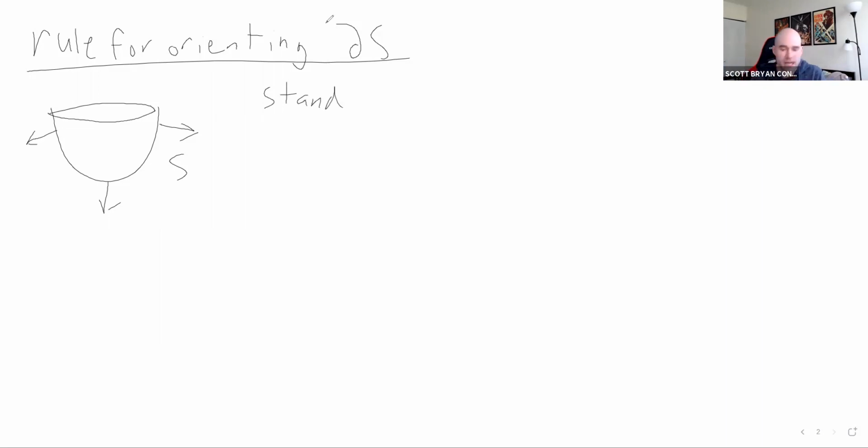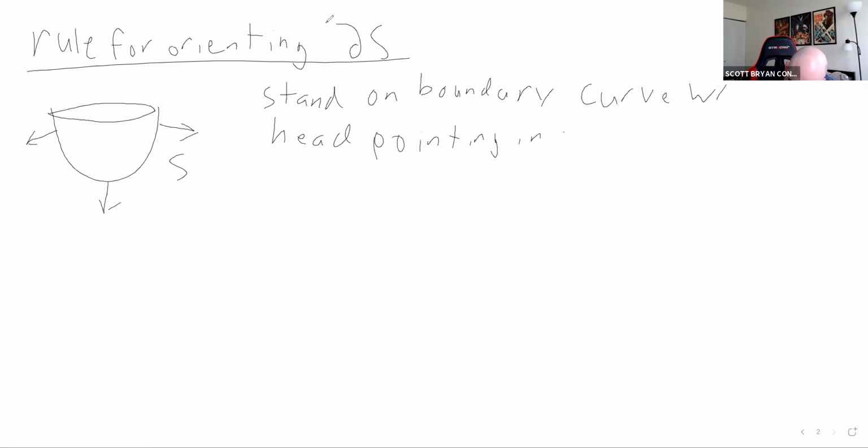So for each part of the boundary, for each curve, you think of standing along the boundary curve with your head pointing in the direction of the unit normal vector on S.